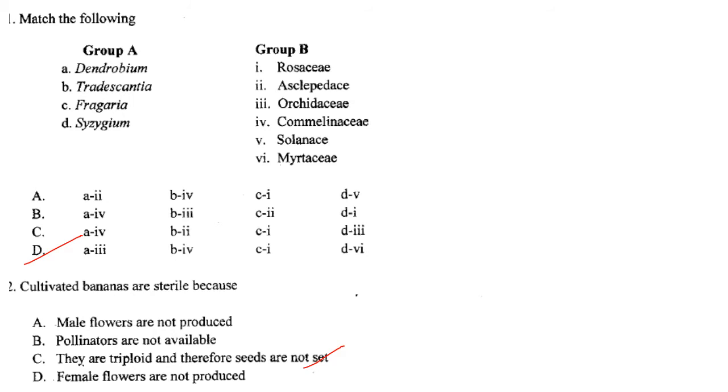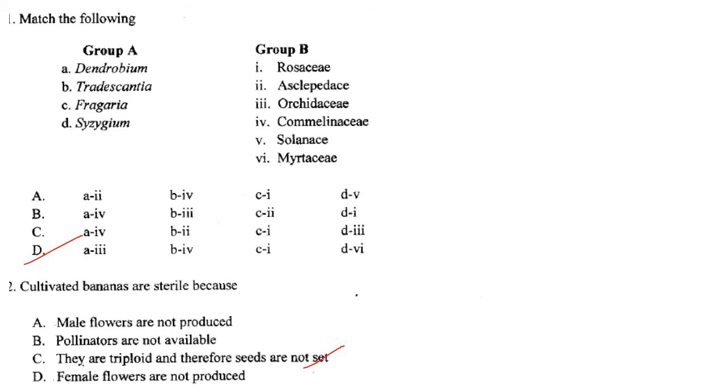And Fragaria is C1, that is Rosaceae and Syzygium is Myrtaceae. So the answer is option D, that is A3, B4, C1 and D6. So the answer is option D.